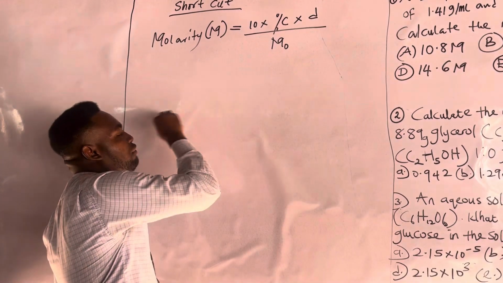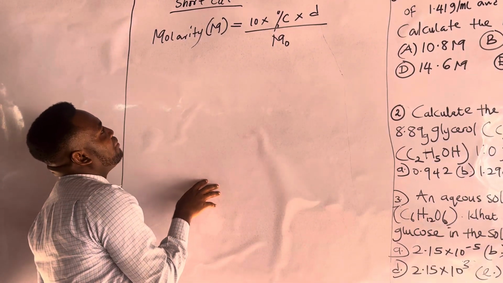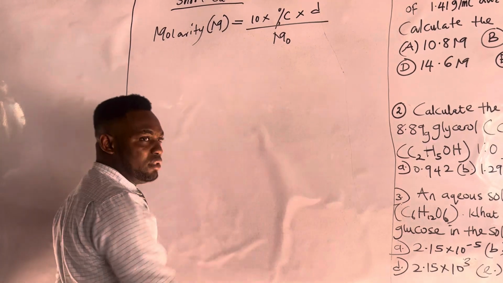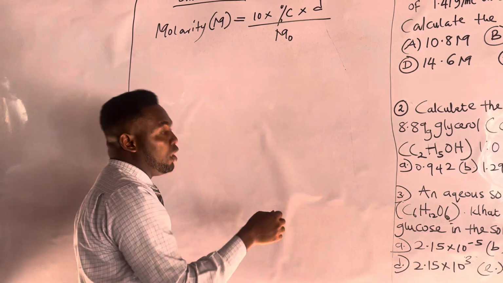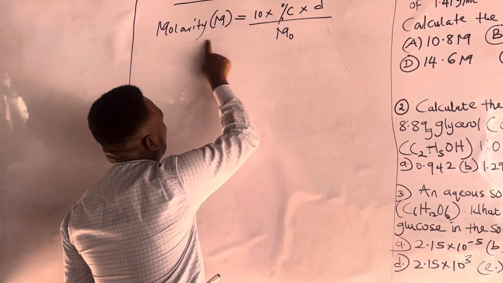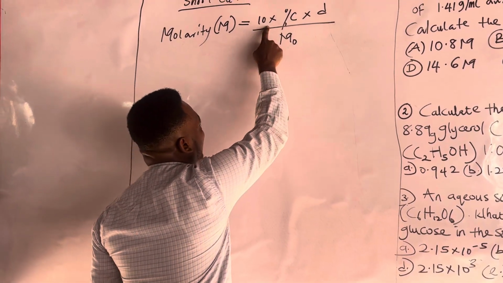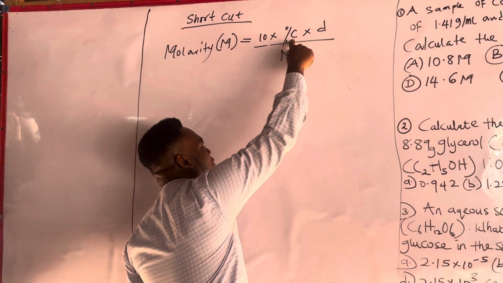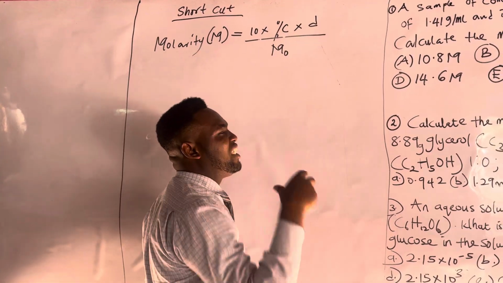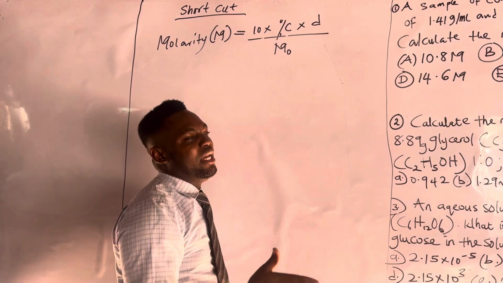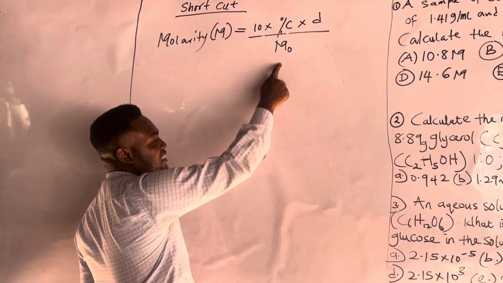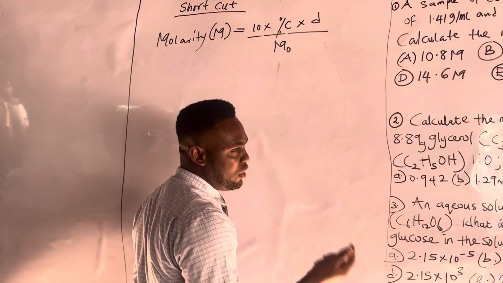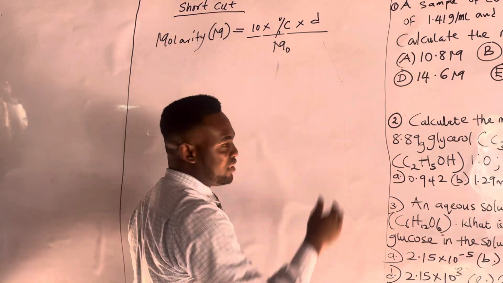It's a formula by way of shortcut. I don't have time of proving how this formula comes about, but maybe in our next video I may do so. But for now, molarity, capital letter M, is 10 times percentage composition times density in gram per cm cube or in gram per milliliters. And the M naught here stands for what? The molar mass of the substance in the question.